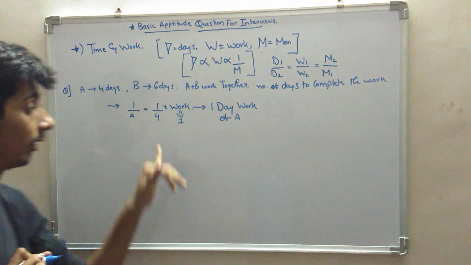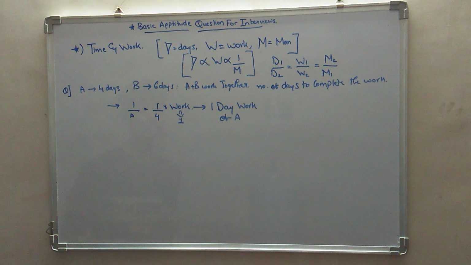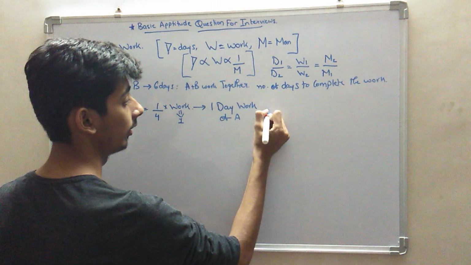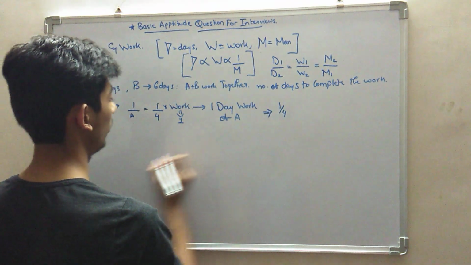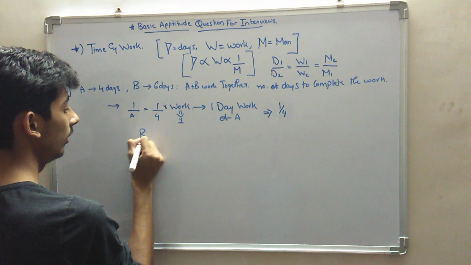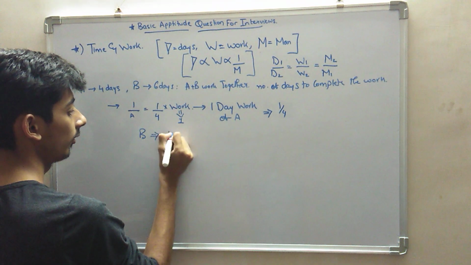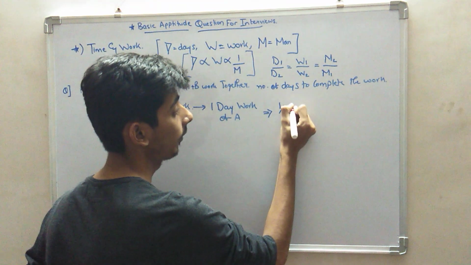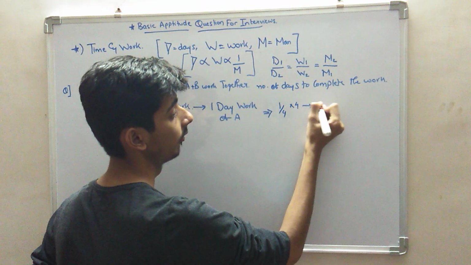When it is 1, then we can say that the work is complete. So in 1 day, the work done by A is equal to 1 upon 4. Similarly, B's 1 day work is equal to 1 upon 6.